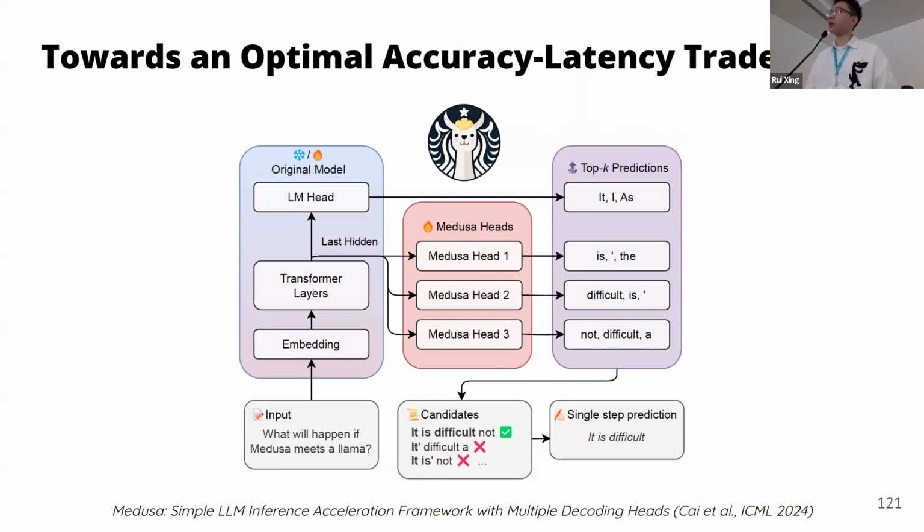And the advantage is that these Medusa heads, the language modeling heads, can utilize the computed representation from the last hidden state. And so this is a very good accuracy latency trade-off, right? And the core idea behind it is we reuse the computed representation of the original large language model.